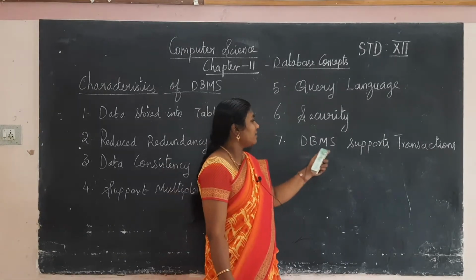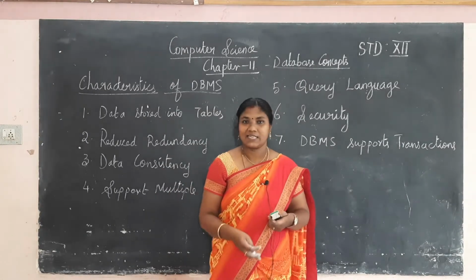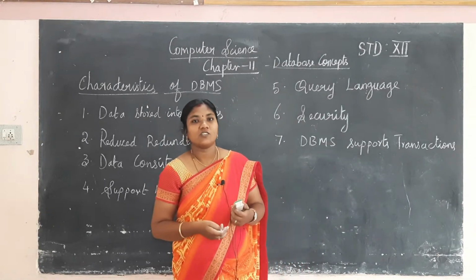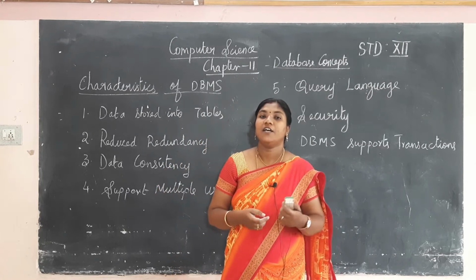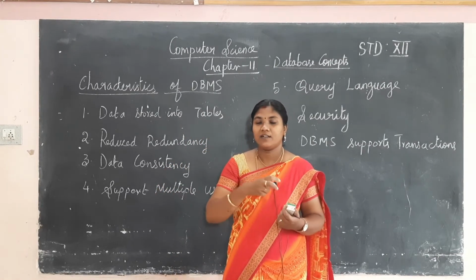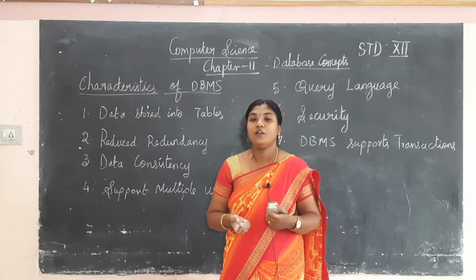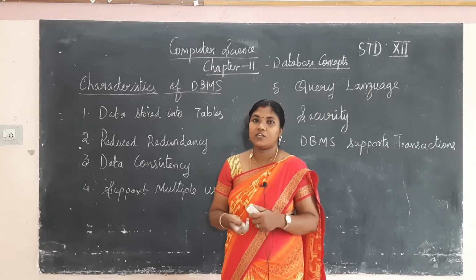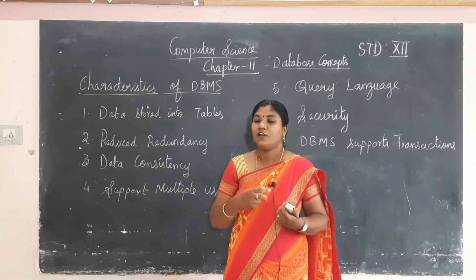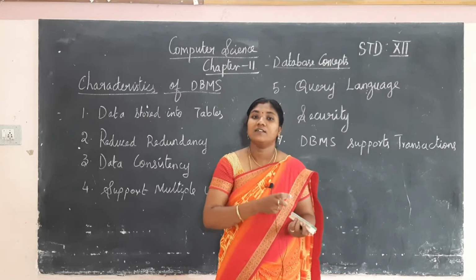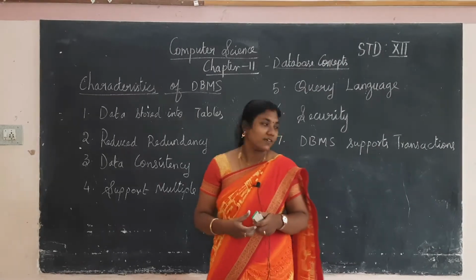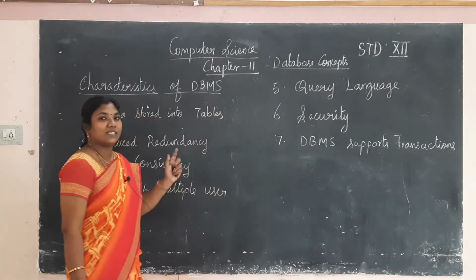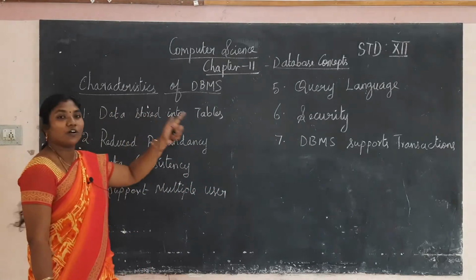And the seventh one, DBMS supports transactions. It helps the user to transact a particular database or table from one user to another user, or from one database to other software also; we can transfer the database, right? So DBMS supports that also.